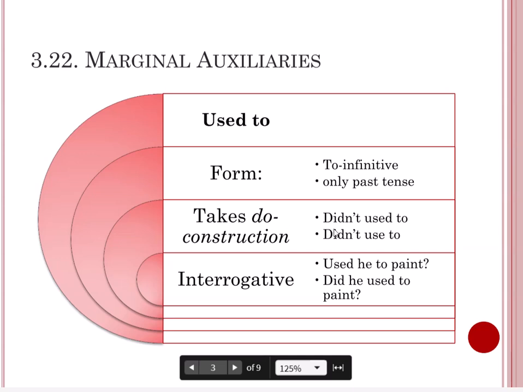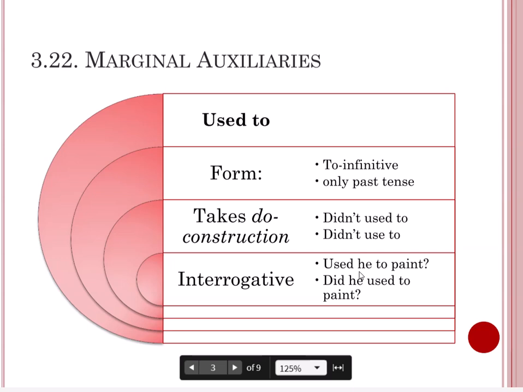Like in case of negation, you may say didn't used to, or it is also possible to say didn't use to. So you can keep the ed or you can remove it. In both cases, it is correct. And in the case of interrogative, you may use the do construction as the usual case, or you may not. It's just the displacement between the subject and the verb.